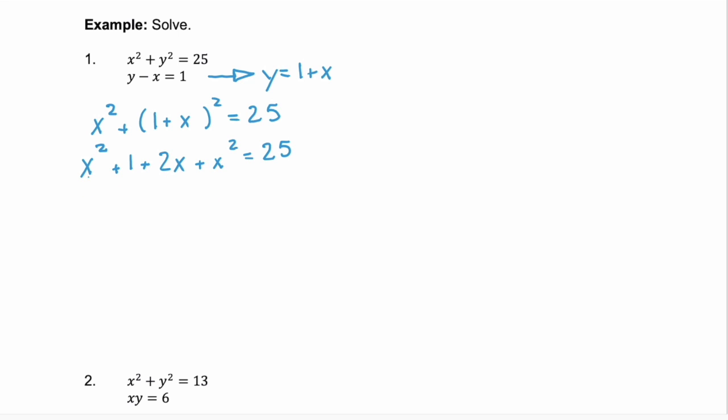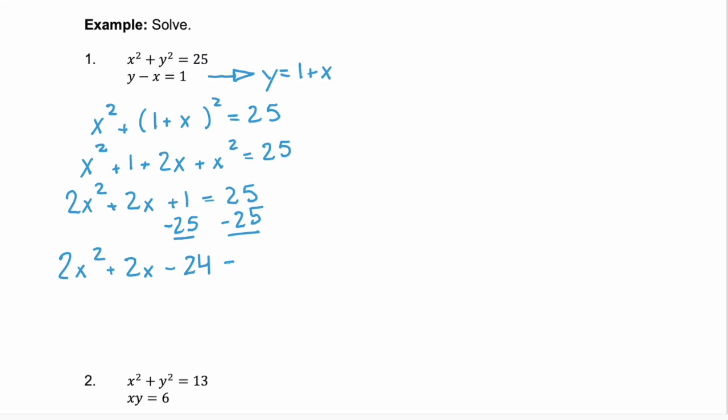Let's combine our like terms to get 2x squared plus 2x plus 1 equals 25. Let's bring this 25 over to the left-hand side and see if we can factor this. So we'll subtract 25 from both sides, and we have 2x squared plus 2x minus 24 equals 0.